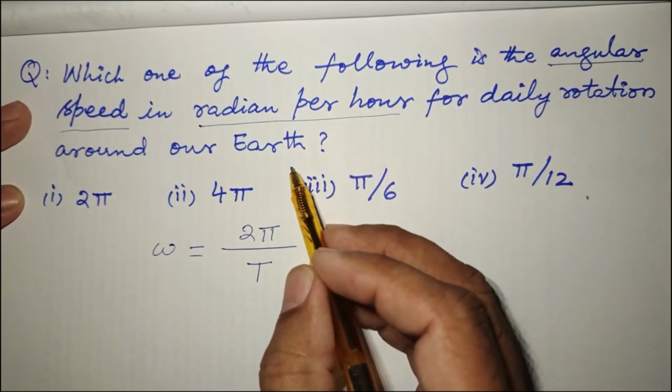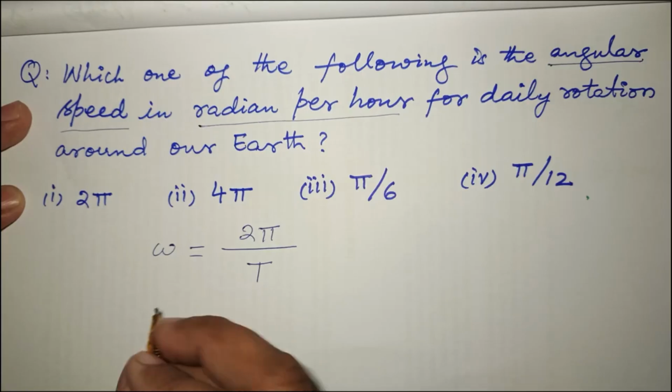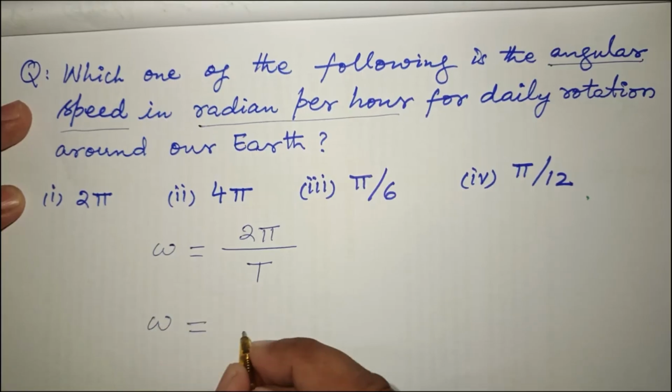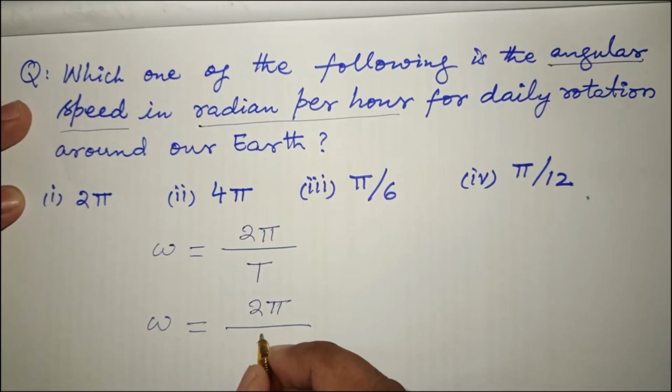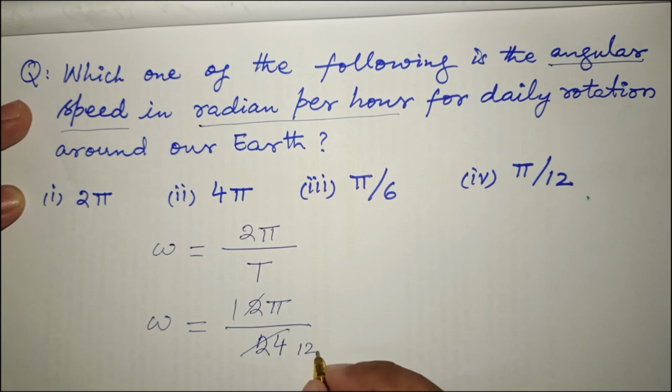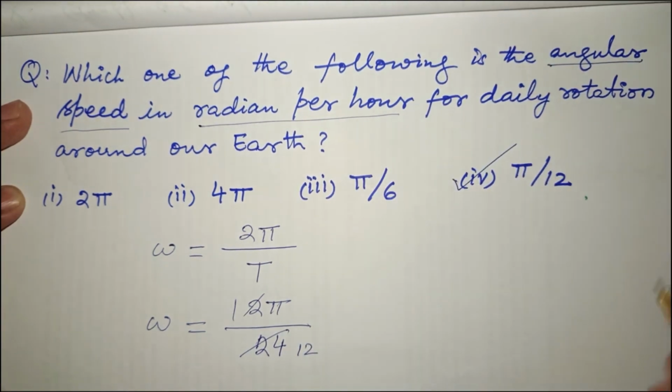In case of the earth, the earth takes 24 hours to complete one cycle. So what we'll do is 2 pi divided by 24. This is 2 ones are 2 and this is 12 twos. So which is the correct option? This one. Pi over 12 is the correct answer.